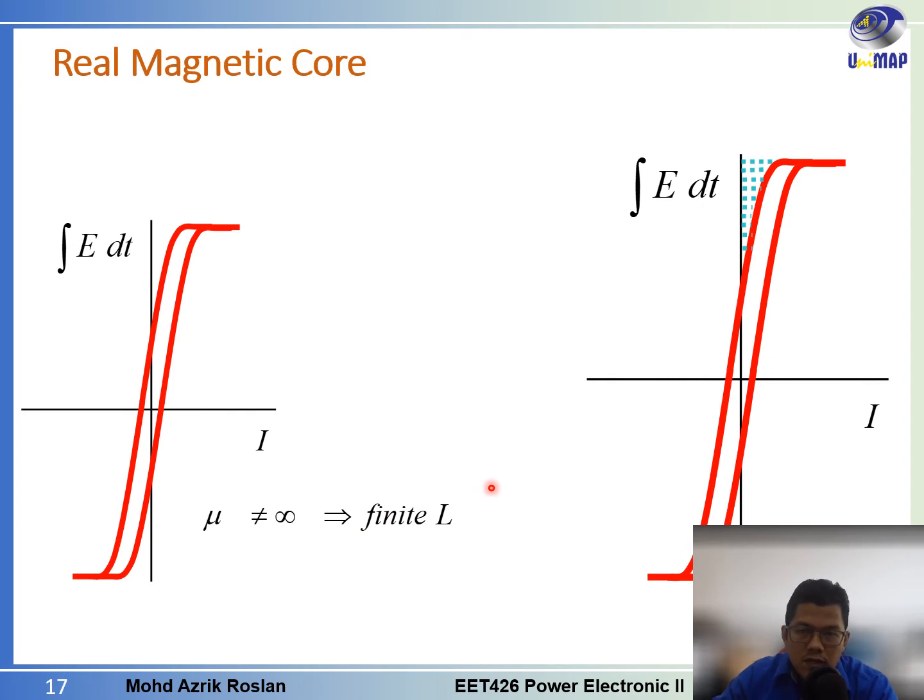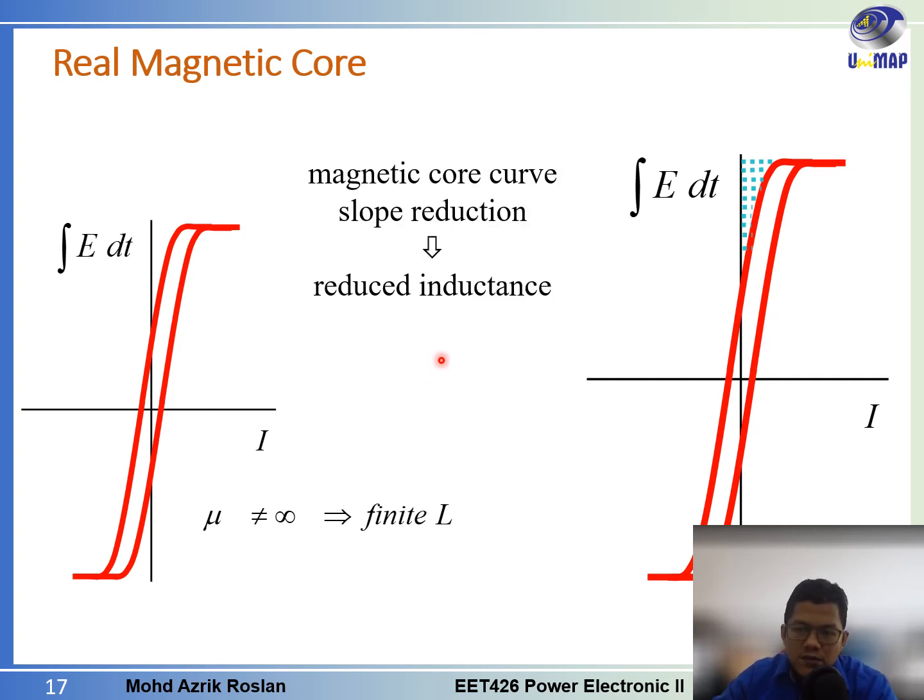This is the hysteresis curve when we consider the real magnetic core, and here we have a reduced inductance value. From infinite it becomes a finite value, and we can increase the energy storage. We have some energy storage, but it is considered small.